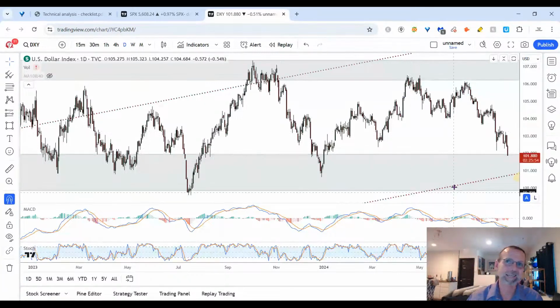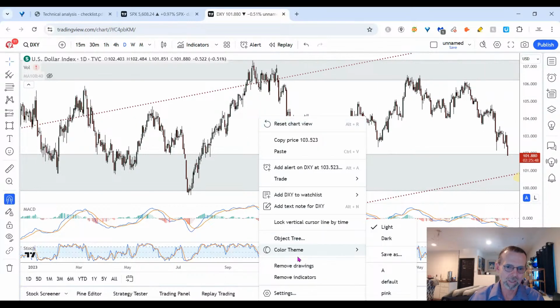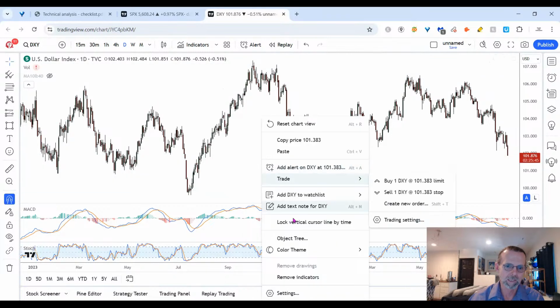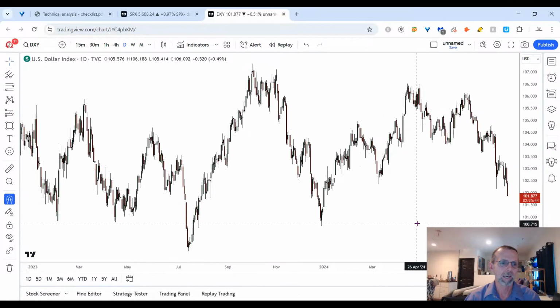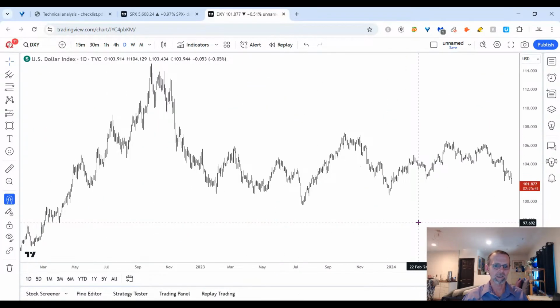In this case, I don't really think that these current drawings are helping us any. So I am going to remove drawings. I'm going to remove indicators and just go back to a clean chart.